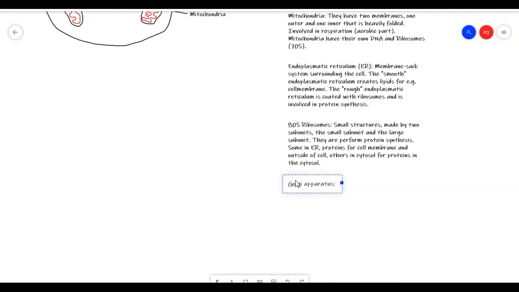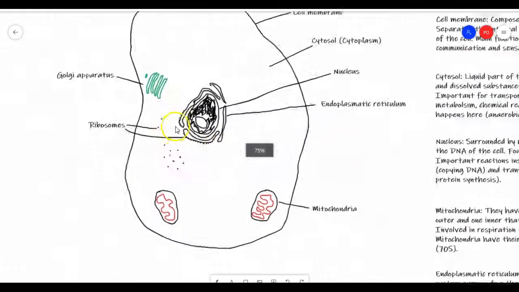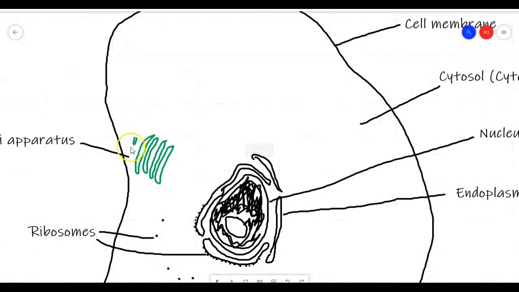So the Golgi apparatus is a membrane-bound sac system far away from the nucleus. Let's look back over here first. Imagine this one is involved in protein synthesis as well.